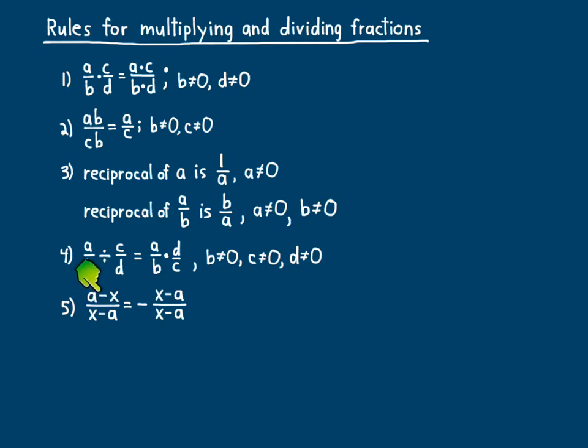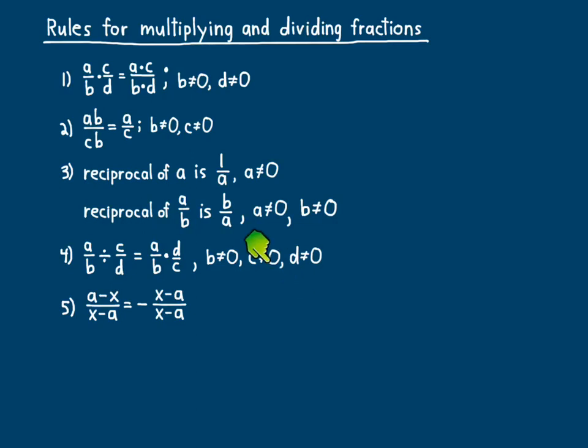These are subtractions, but they're kind of the opposite. They actually are literally the opposite signs of each other. Here a is positive, and here a is negative. x is negative, x is positive. So the bottom is just the negative of the top and vice versa. So what you do is flip around a minus x to x minus a and put a minus in front. Okay, and you can see that's right.